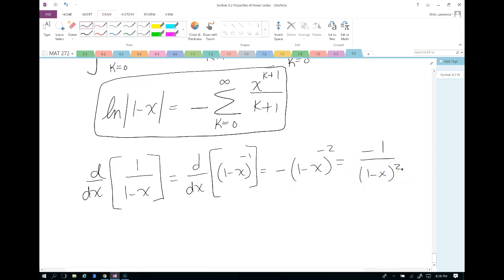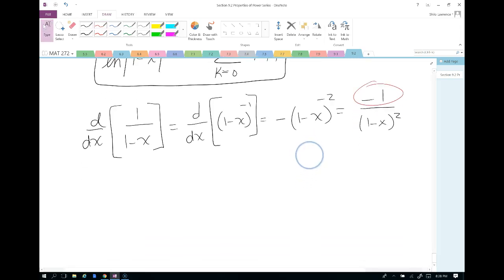So just like in the last case, we've got an extra negative here, and we'll have to account for that when we write our series. But basically all we have to do is take the derivative of our power series and multiply by negative 1, and we'll have a power series for 1 over 1 minus x squared.